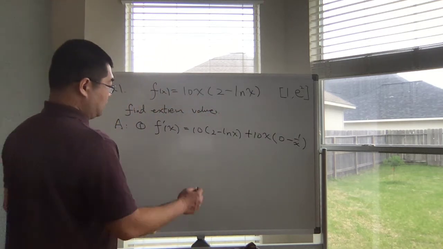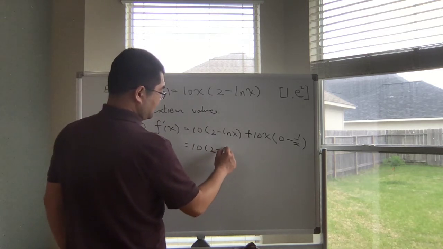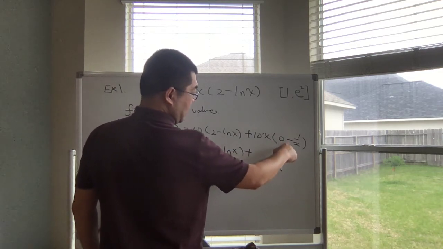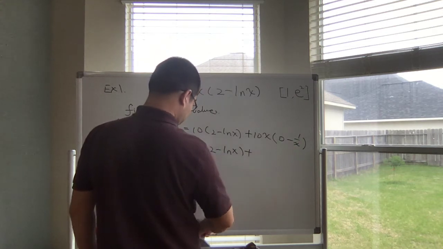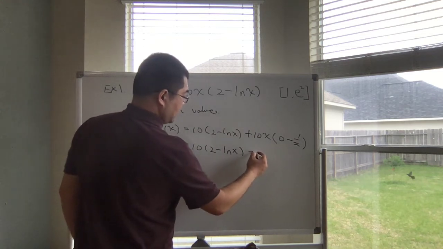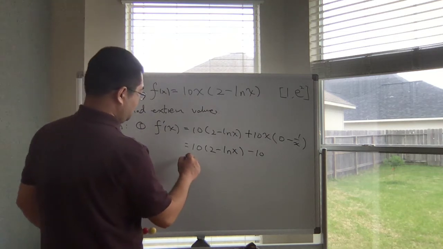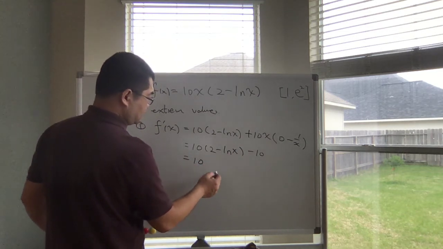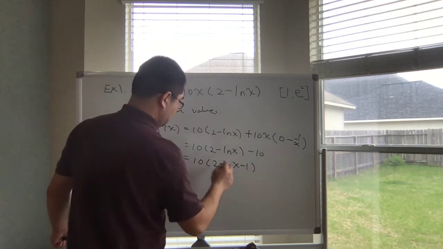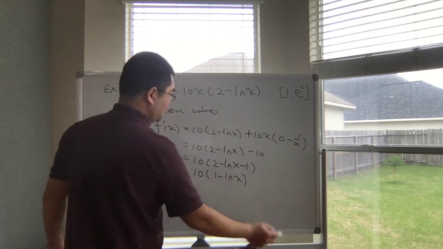So we have 10 times (2 minus ln of x) plus 10x times minus 1 over x, which gives minus 10. Factor 10 out: 2 minus ln of x minus 1, which gives 10 times (1 minus ln of x).